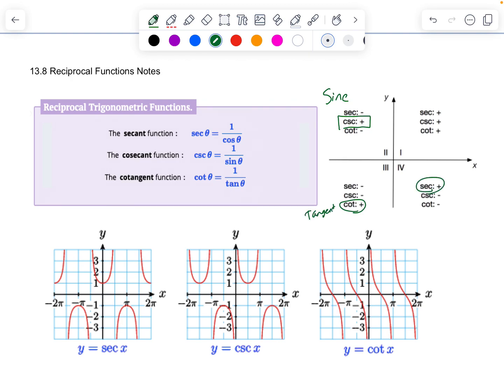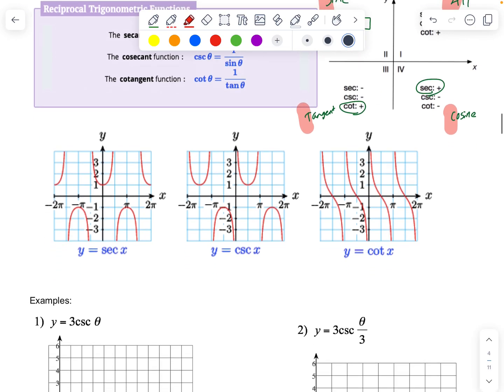And then here, secant is positive because that deals with cosine. And remember the acronym for this is all strippers take cash, okay? So this is more for pre-calc and calculus, but just to give you that little acronym to know where it is positive for each of those functions.